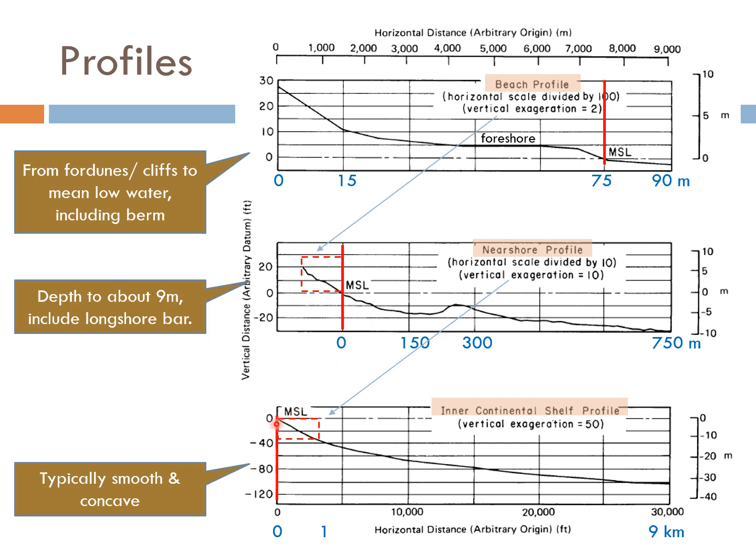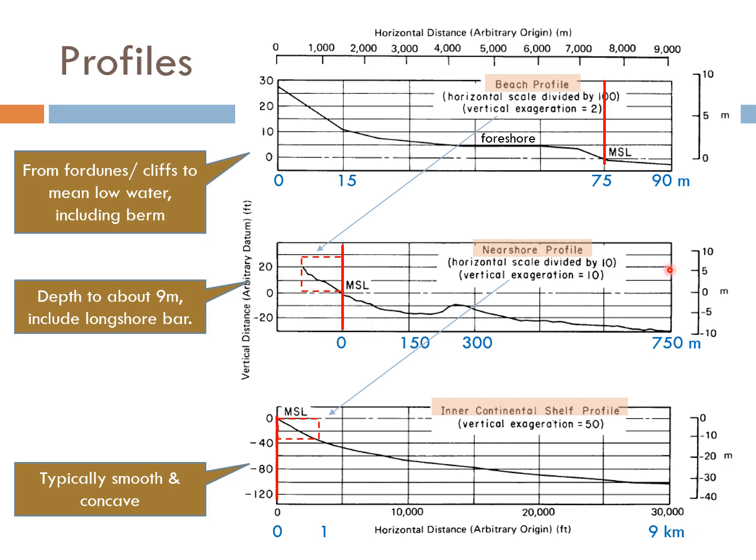If we zoom out further, so that the mean sea level now is plotted at this point, we are looking at the continental shelf profile, where the seabed has a concave shape which is fairly smooth, and it goes all the way down to 30 meters deep at 9 kilometers into the sea.